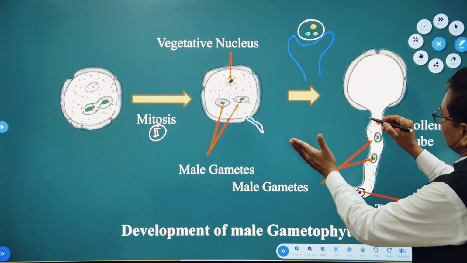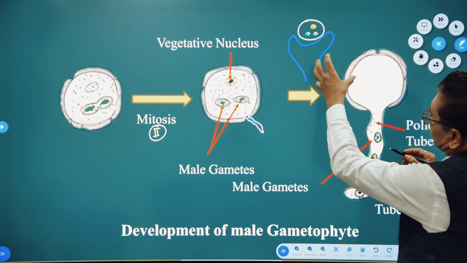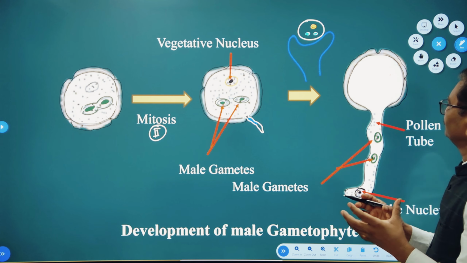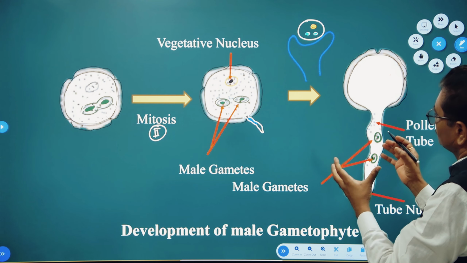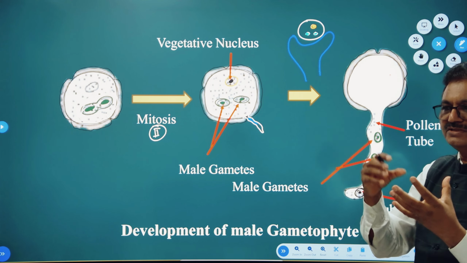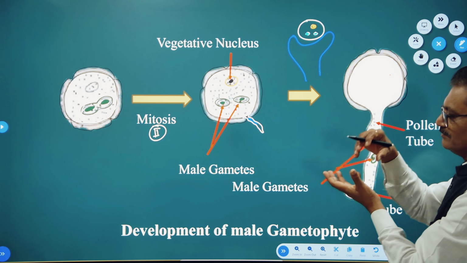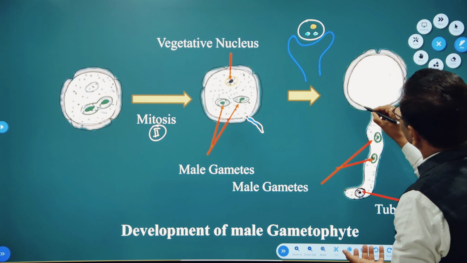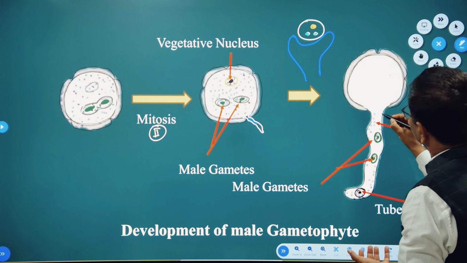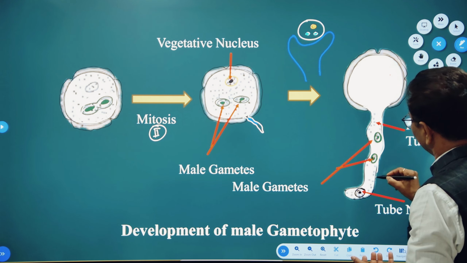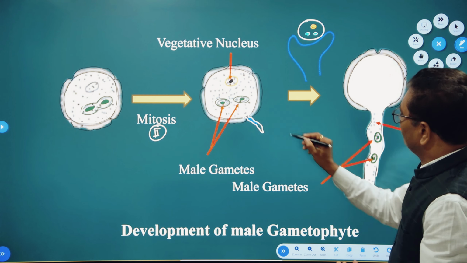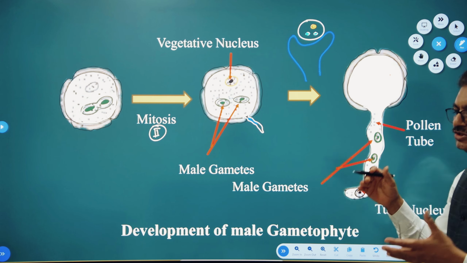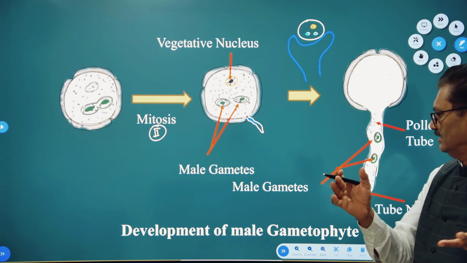So at this stage, once it gets deposited on the stigma and gets sufficient stigmatic fluid, a liquid containing sugary material in which the pollen sticks, because of that fluid the pollen tube grows. This pollen tube will grow and come out, the whole pollen tube is formed from the intine here, and the male gametes will get transferred into the pollen tube, and then this pollen tube will reach the female gametophyte for fertilization.